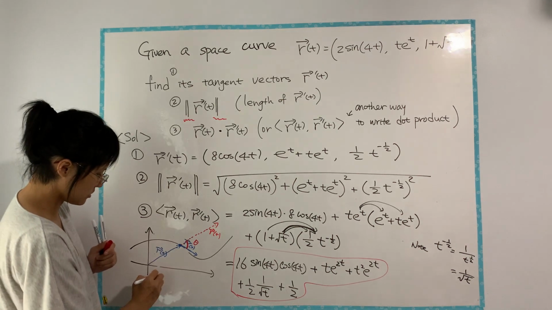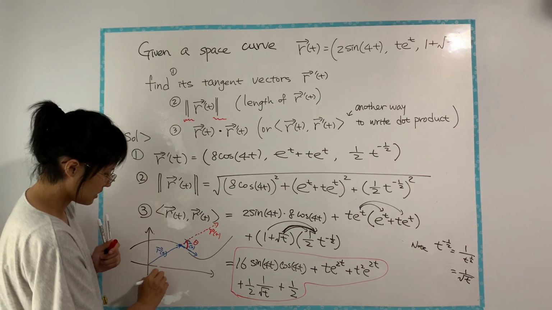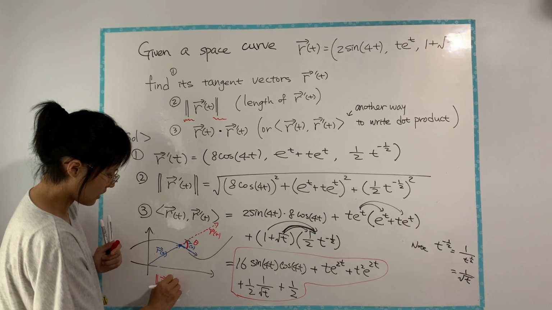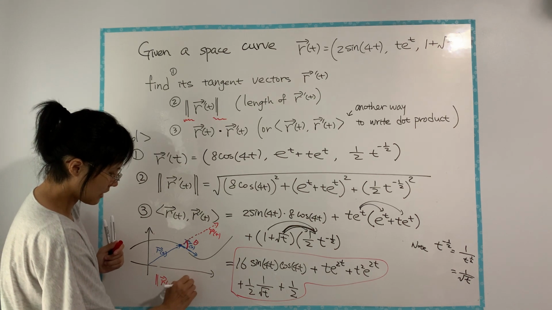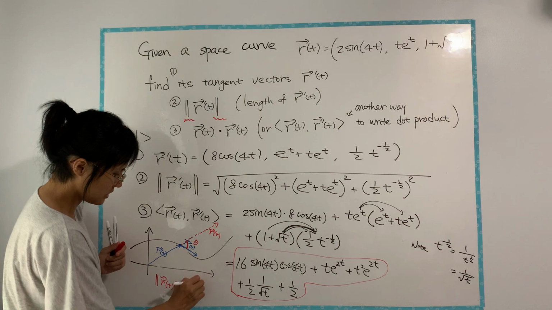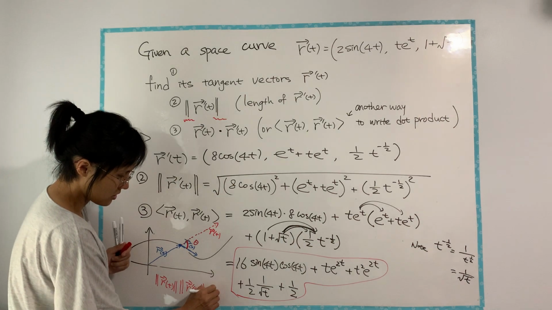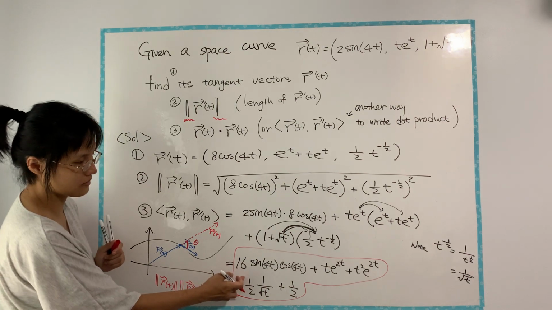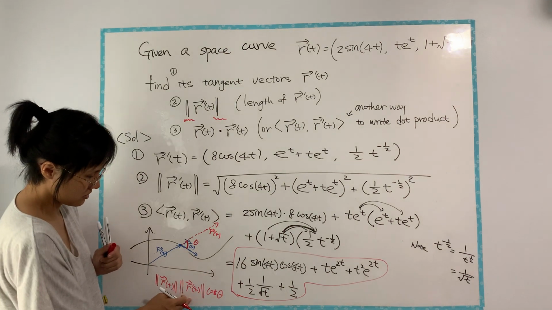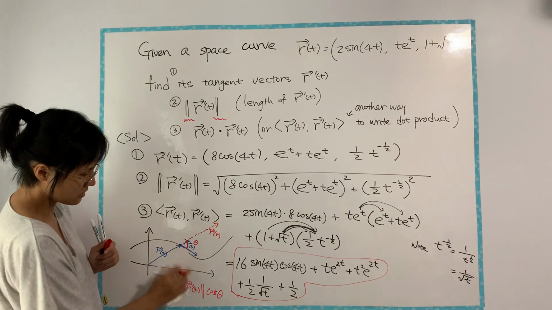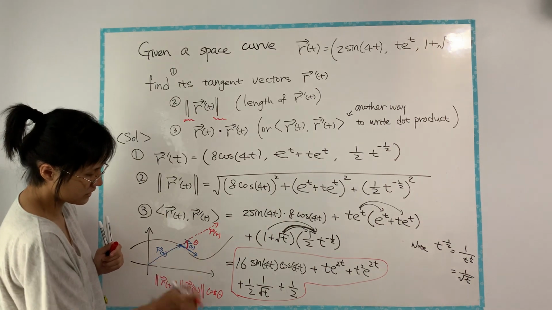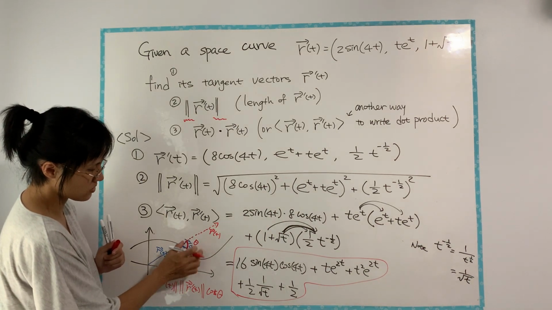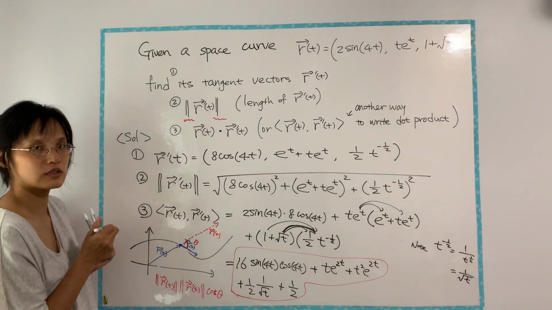So this dot product gives me the length of r of t times the length of r prime of t times cosine theta. That's what this complicated value gives you: the length of the vector times the length of the tangent vector times the cosine of the angle between these two vectors.